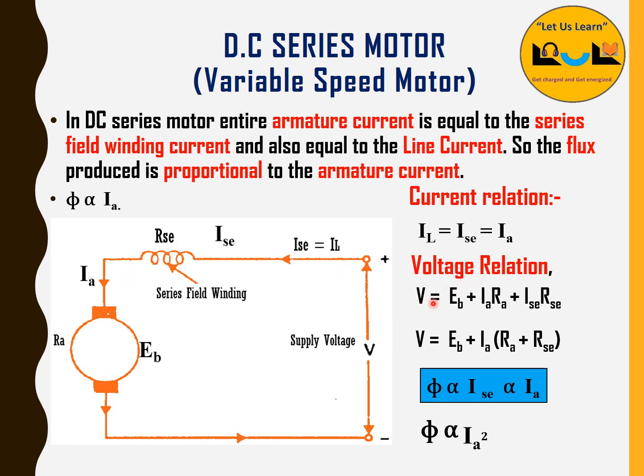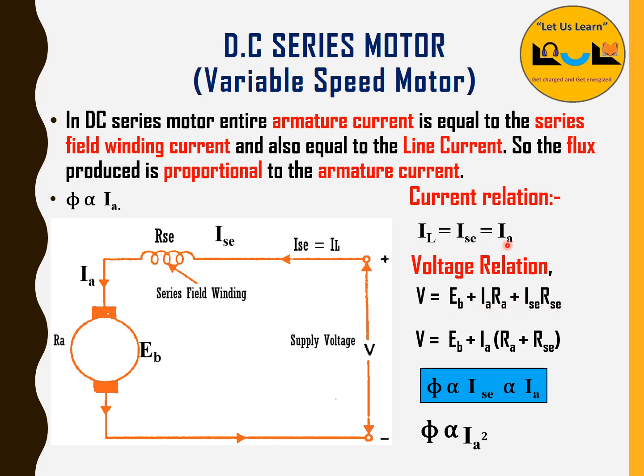Now the voltage relation: V is equal to EB, the back EMF, plus IARA, the voltage across the armature, plus ISC RSC, the voltage across the series field winding. So V is equal to EB plus IARA plus ISC RSC.